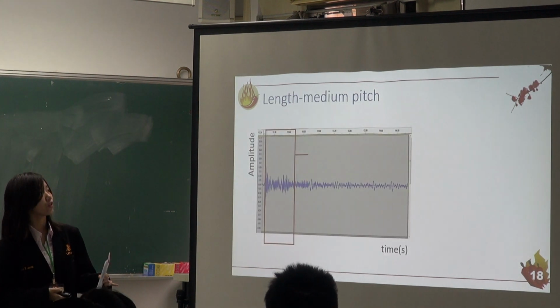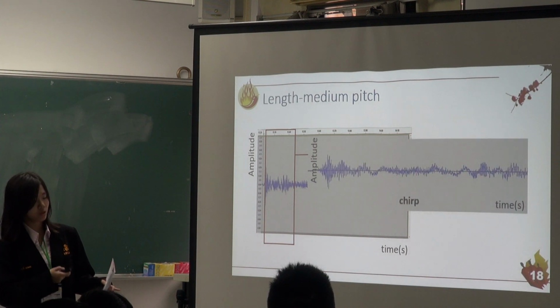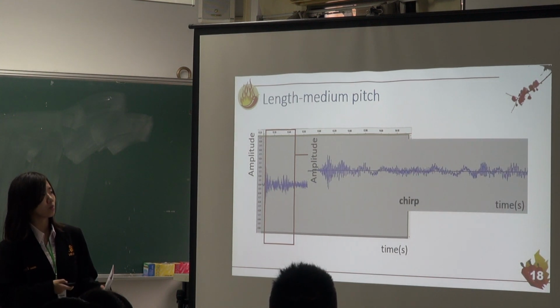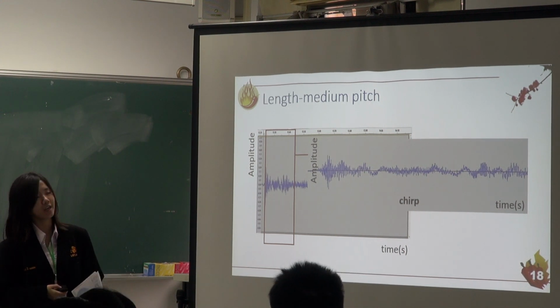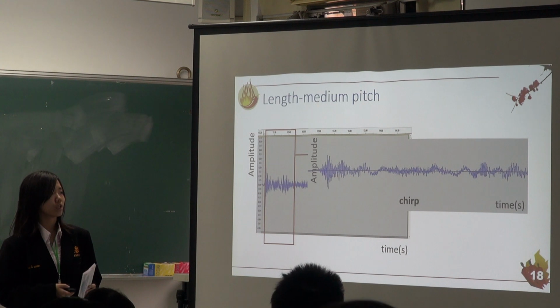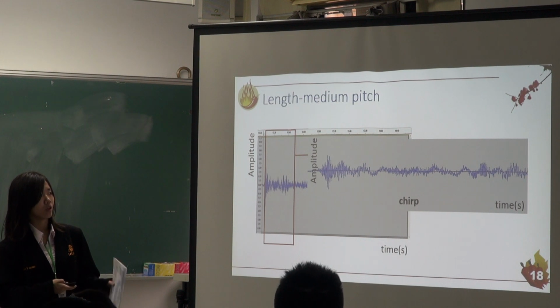The second is a wave of the medium pitch, and you can see the area of the chirp is larger, the amplitude is bigger than the large pitch, and it also shows a bigger wave in this picture.